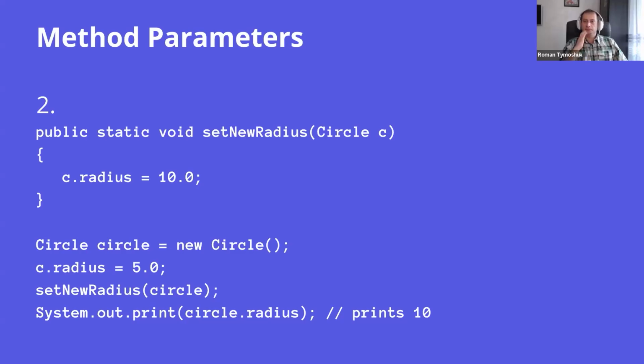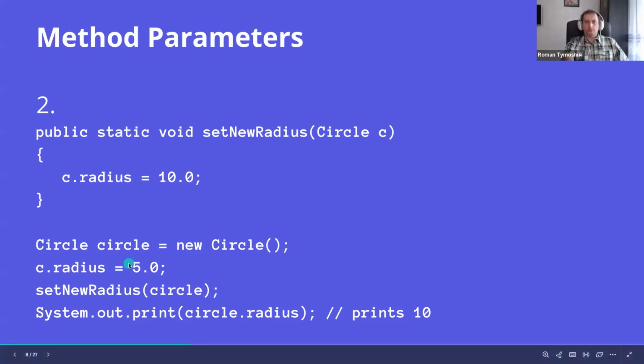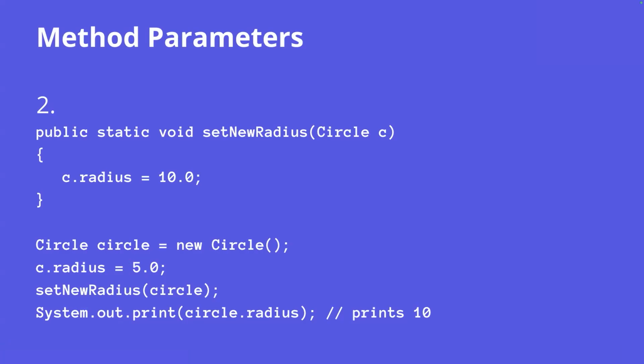Yes, Yaroslav, please. We're creating a new object of the class Circle, and then we are assigning the value of it as 5. Perfect, yes. Then we call set new radius, and give the pointer to the circle object as an argument.